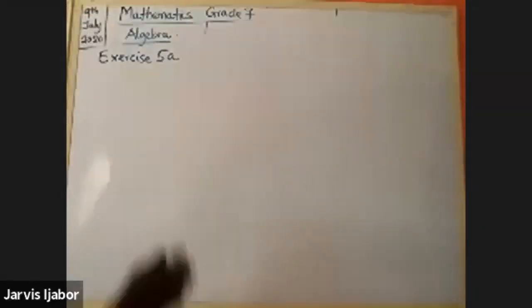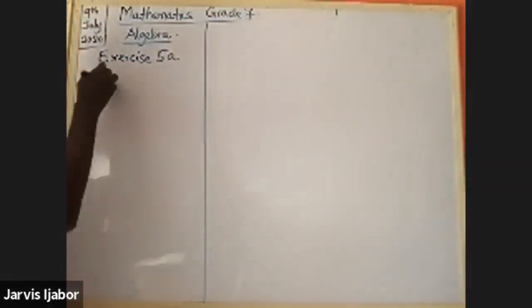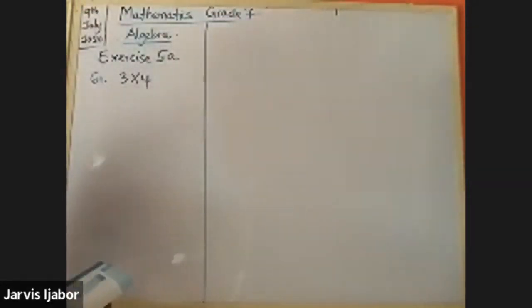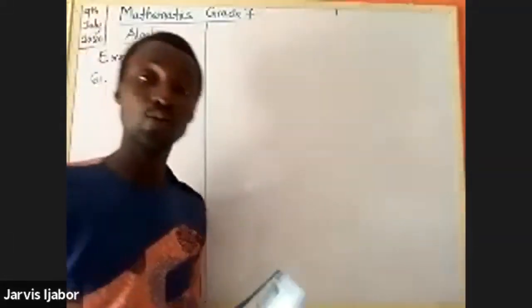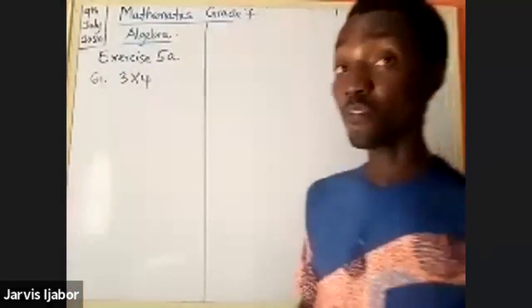61. Now look at 61. 61 says 3 times 4. What is 3 times 4? 3 times 4 would mean 3 times, you read your multiples. 3 times 1, 3, 3 times 2, 6, 3 times 3, 9, 3 times 4, 12.